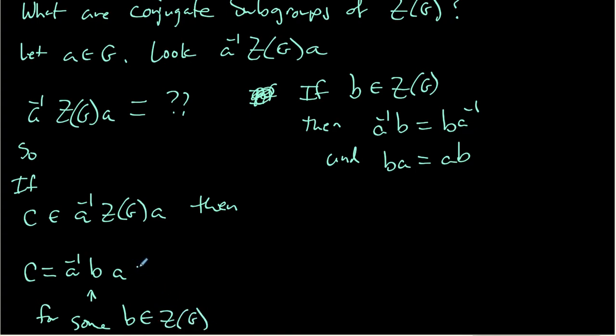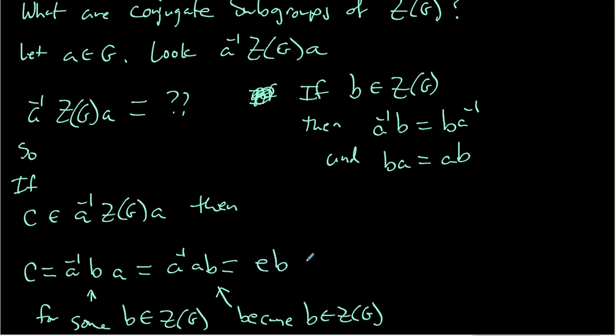And what that's going to say is that C is going to be equal to A inverse times A times B. This is because B is inside the center of G, and the center is everything that commutes with everybody. And so this winds up being E times B, which is B, which is inside the center.